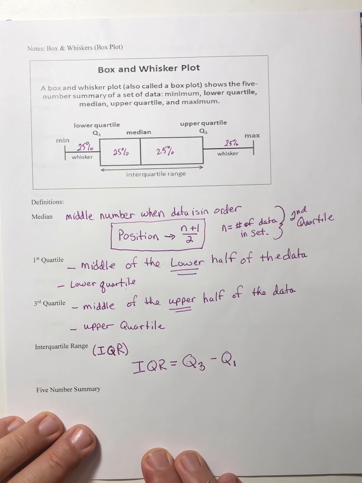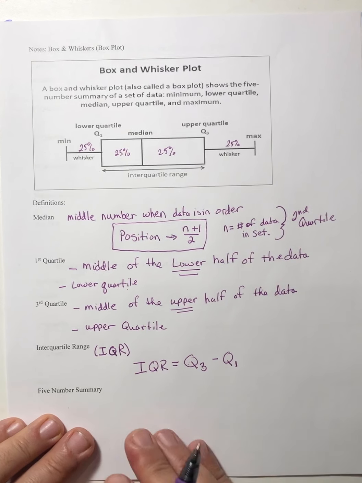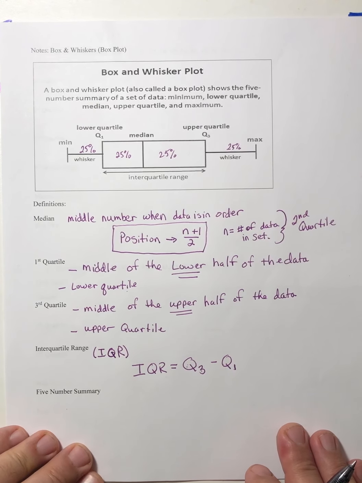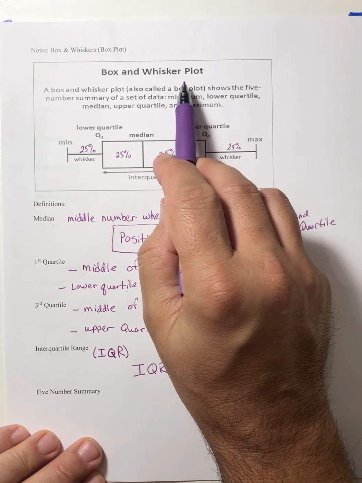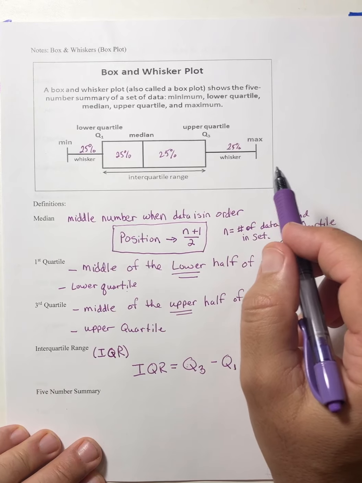And now the 5-number summary. The 5-number summary is the information that we use to create the box plot. Okay? So this is a picture of a box plot, and we have what's called a 5-number summary.